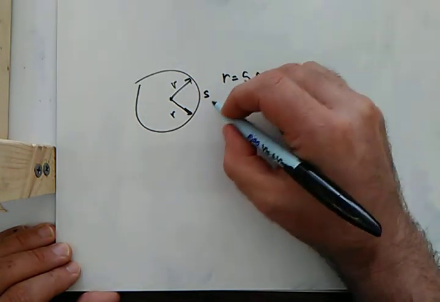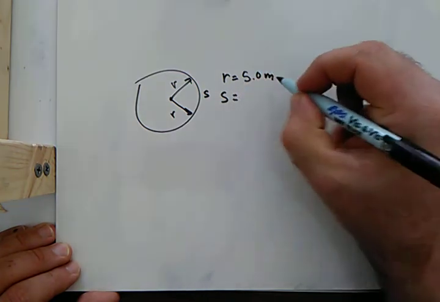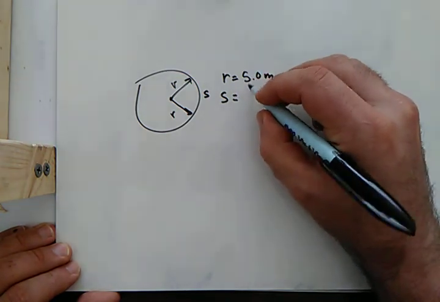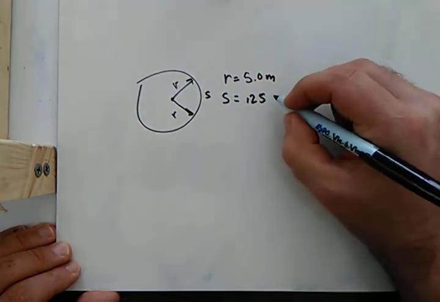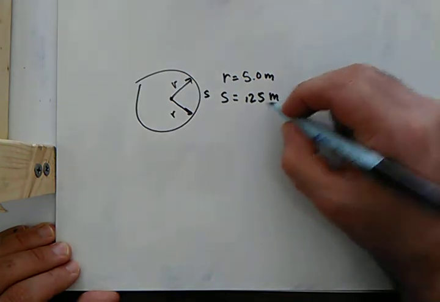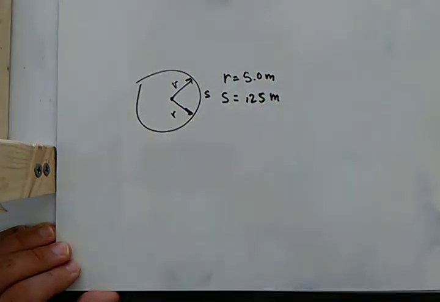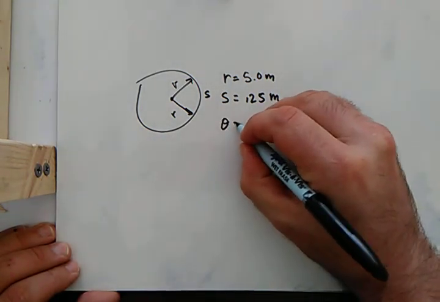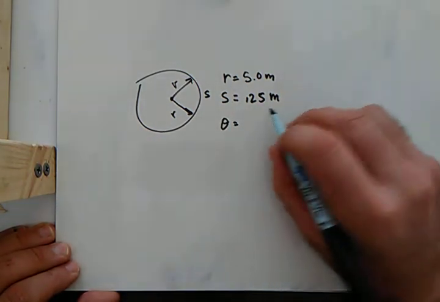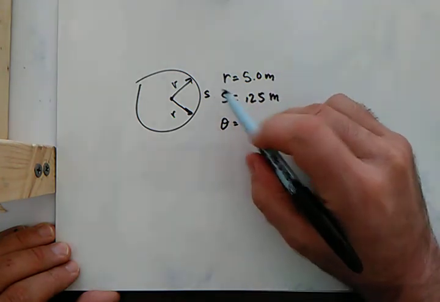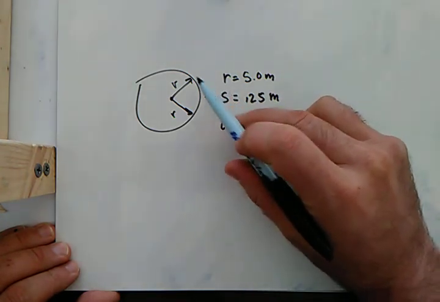I'm also going to give you the S, the arc length of 0.25 meters. So if we go to solve for this, we should be able to get the angle in radians. So look, we've got 0.25 here and 5 meters here.